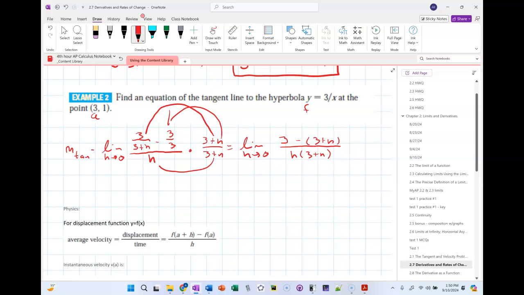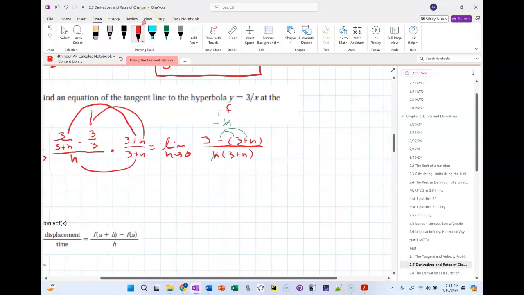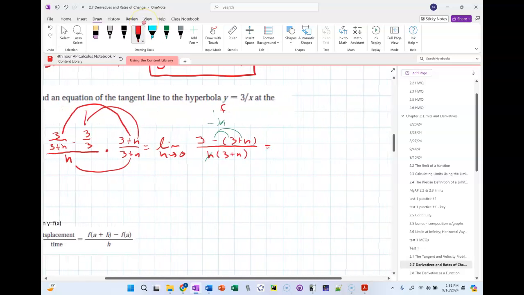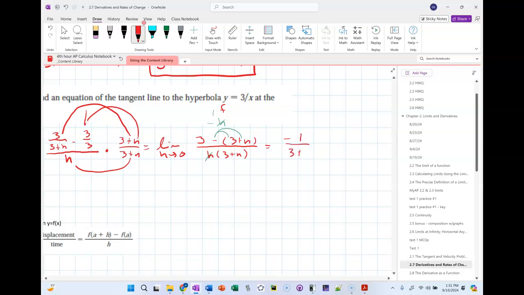So far, so good. What do you notice happens in the numerator? I can distribute that through and cancel stuff off, and I'm left with just a negative h up top. Aha! So now I can do a direct substitution. I just get negative 1/3.